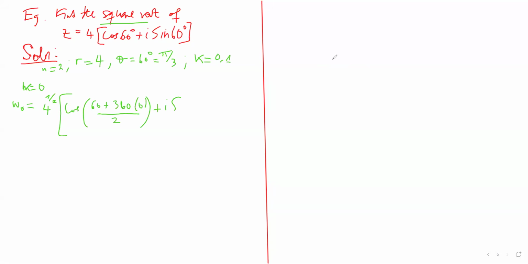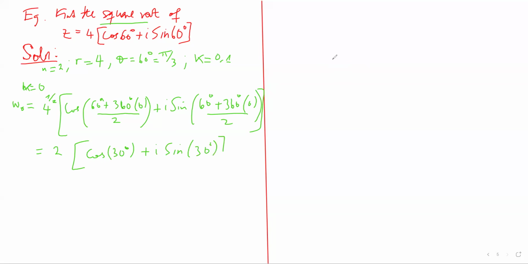plus i, and then sine, and the same thing again. This is degrees, this is degrees. So 60 degrees, 360 degrees, 0 over 2. If we do that, then we have 2 into brackets cos 30 degrees plus i sine 30 degrees.